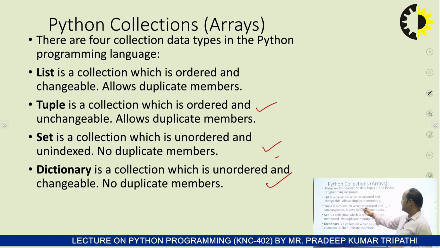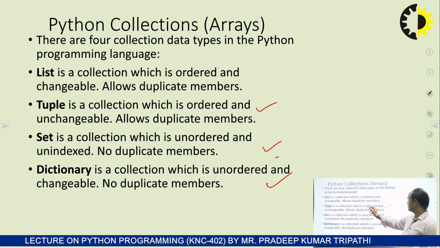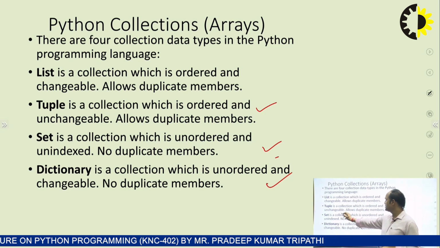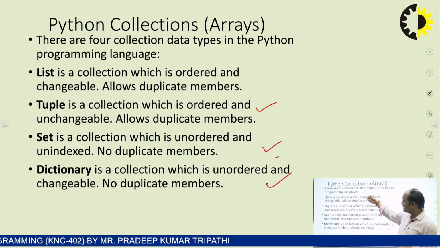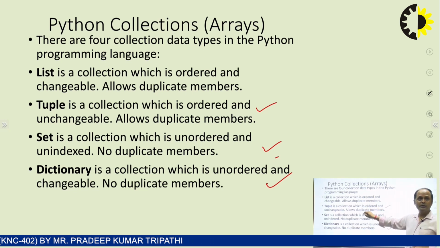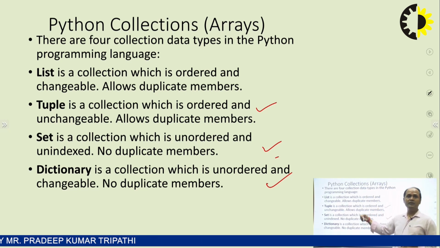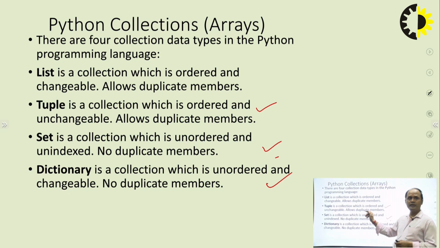A collection which is ordered and unchangeable and allows duplicate values is called a tuple. When the list follows these properties, that is ordered, unchangeable and allows duplicate member values, it is called a tuple.